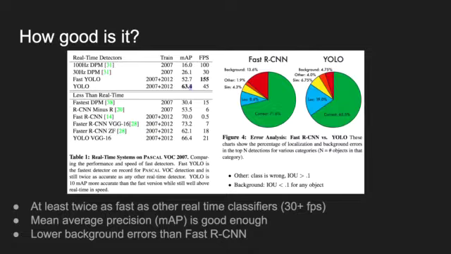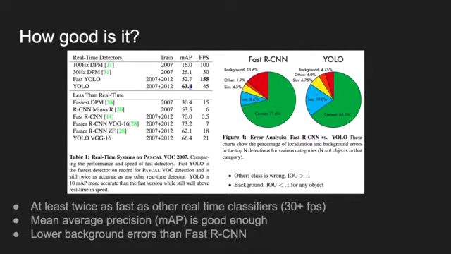YOLO on average didn't perform as high as some of the better approaches, so there is a trade-off between precision and how fast you can run things, but YOLO's performance was remarkably better, and so the trade-off possibly seemed reasonable.